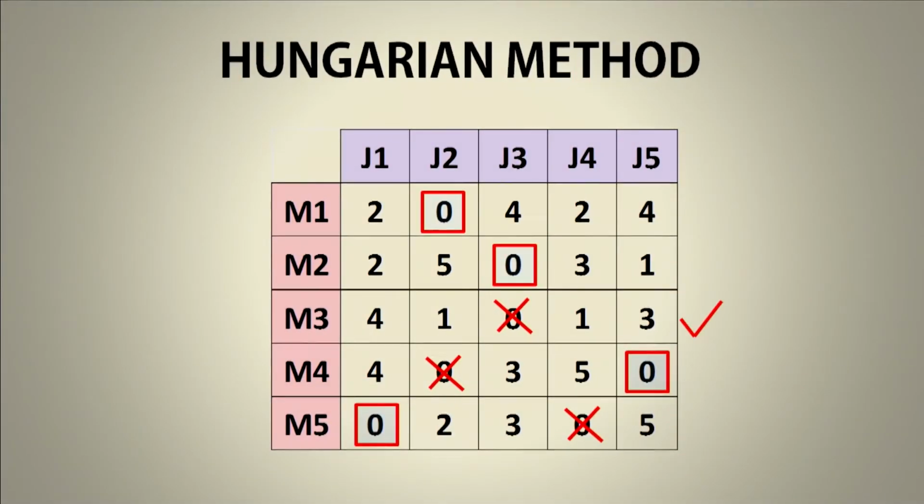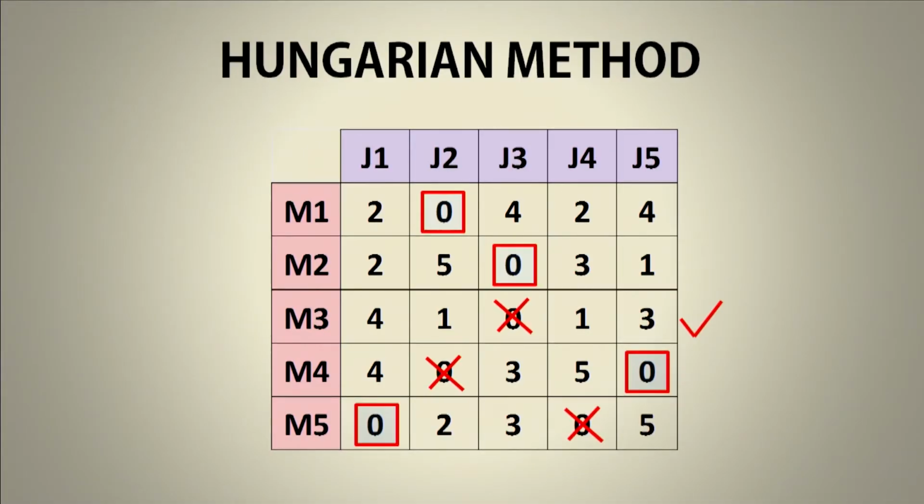For this, choose the row which does not have the assignment, that is, row 3 is chosen and indicate it with a tick mark. Now select the column of this row that contains 0, that is, column 3 is chosen and indicate it with a tick mark.